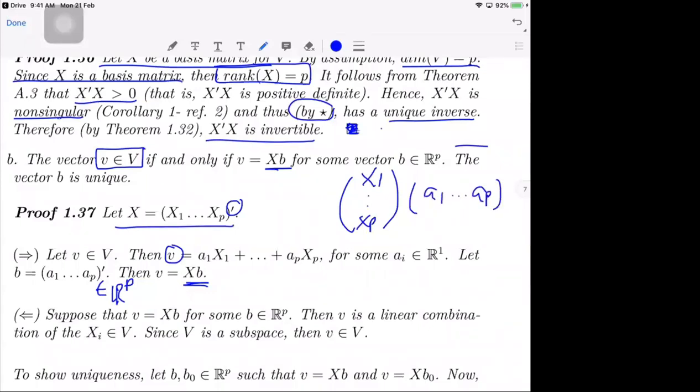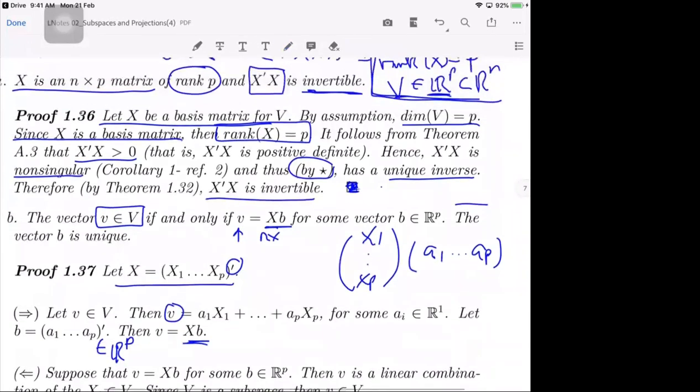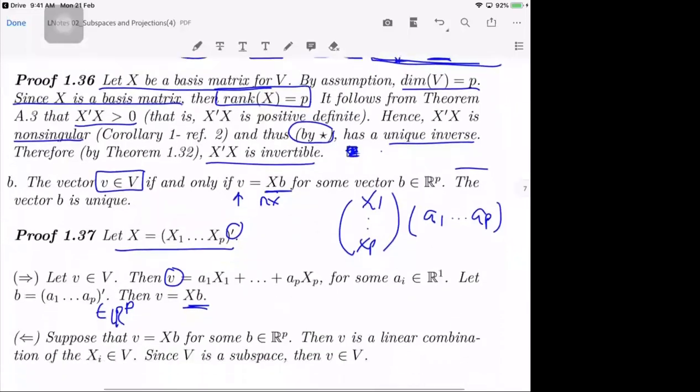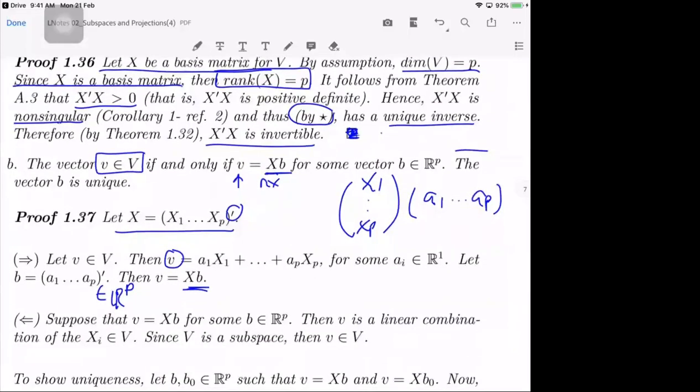Ano ba ang vector B? Vector B is, this is N by, mali ko, N by P. P is P by 1. So dapat N by 1 mo gawas.